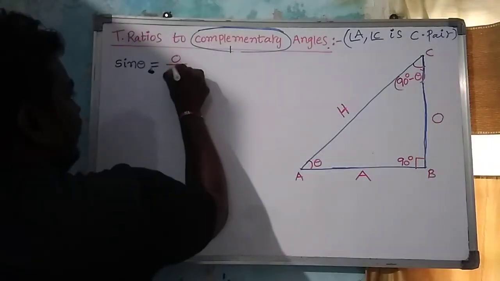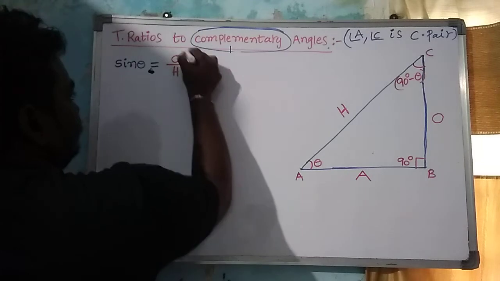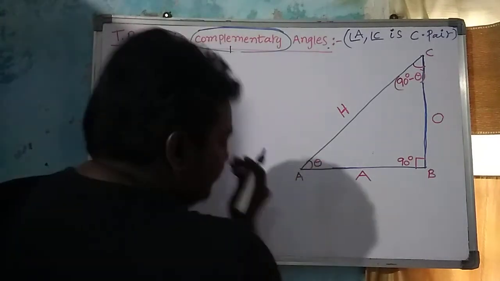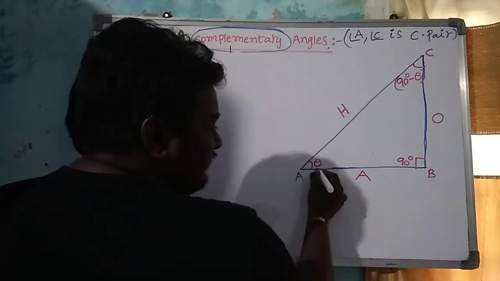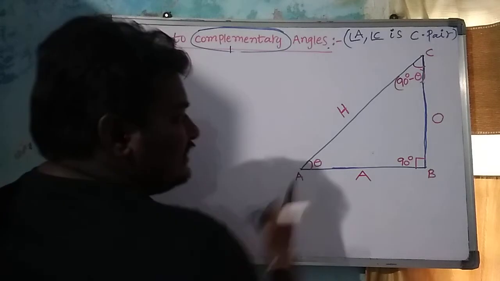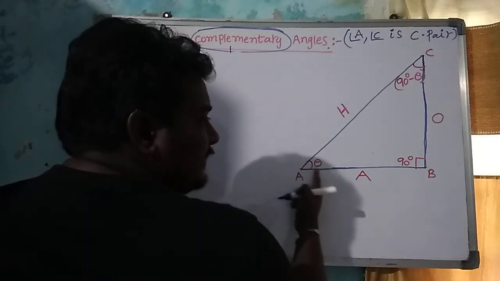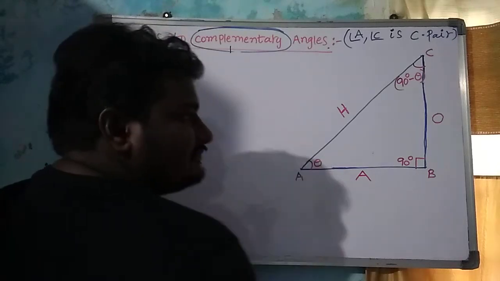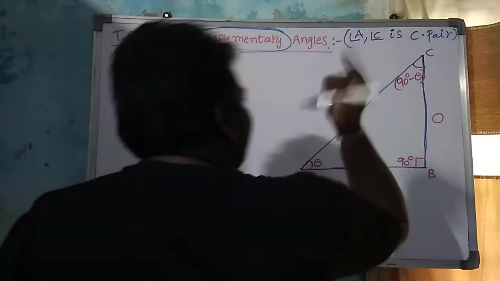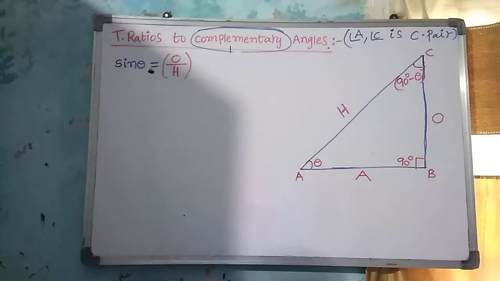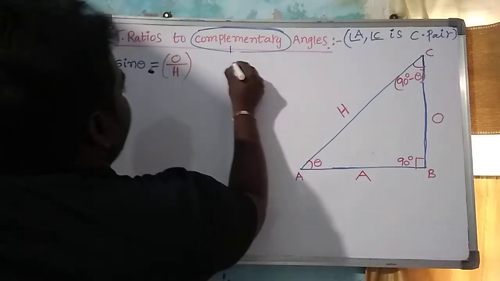If theta is our reference, if we are looking with respect to theta, we are concentrating on this theta. If I concentrate on this 90 minus theta, what about sine 90 minus theta?